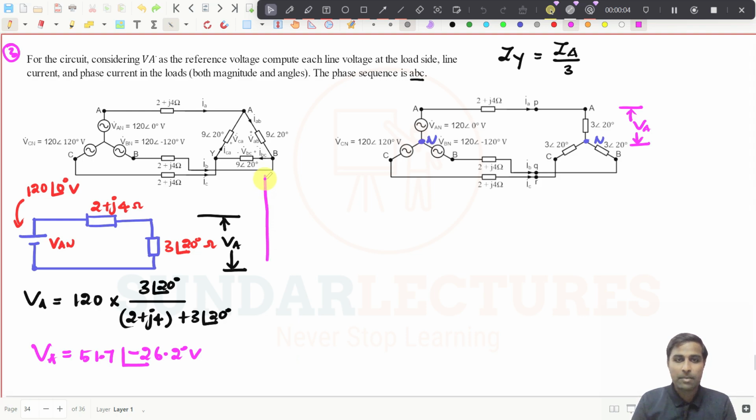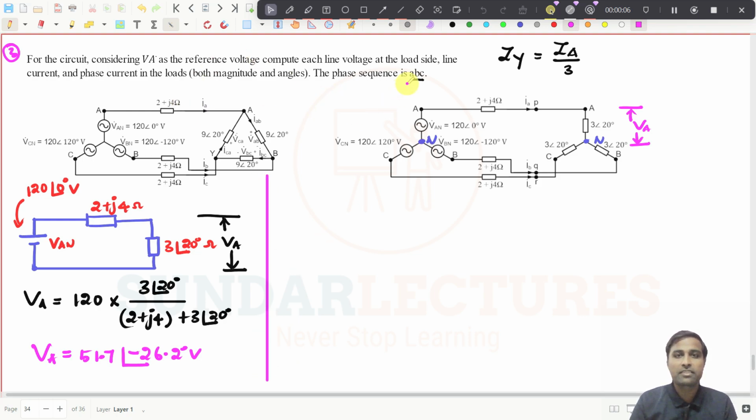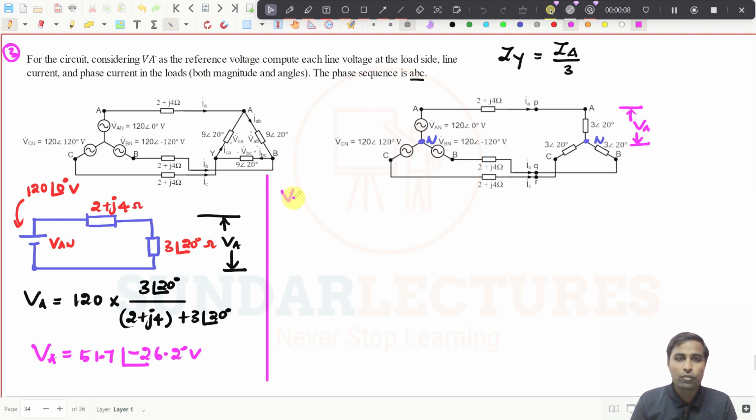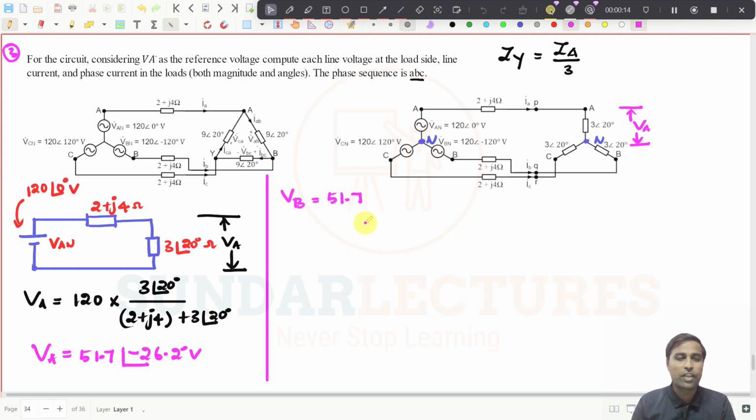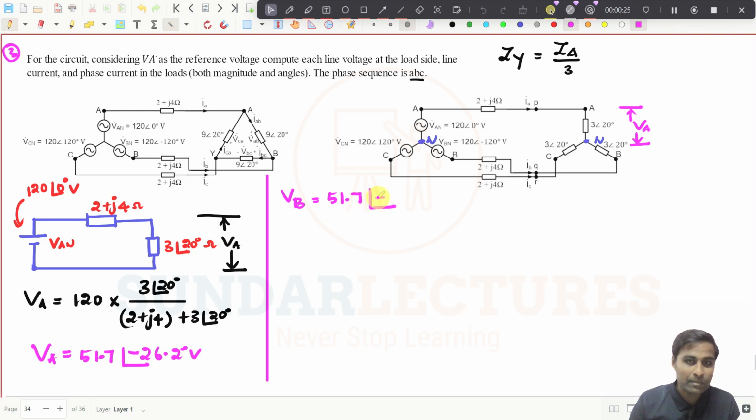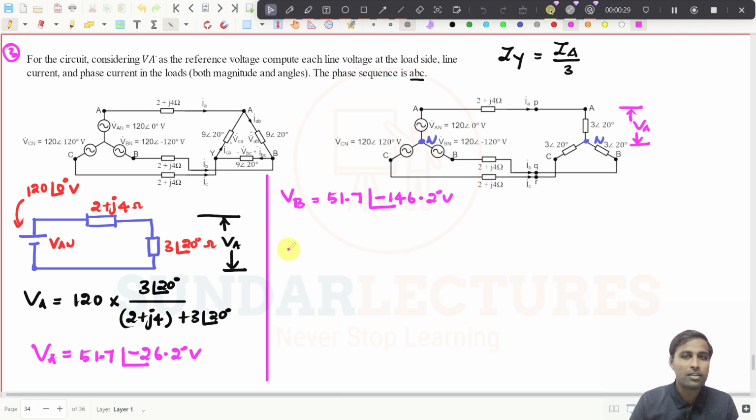Since this is an ABC sequence, what will be VB? Same magnitude, 51.7 at an angle of minus 26.2 degrees minus 120 degrees, so I will get minus 146.2 degrees volt. Very simple.